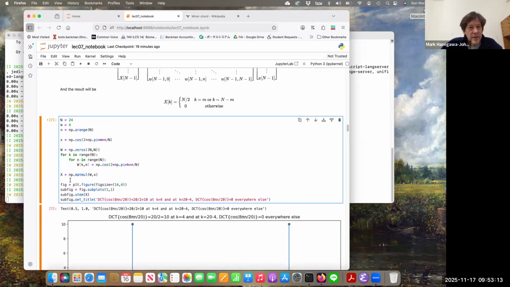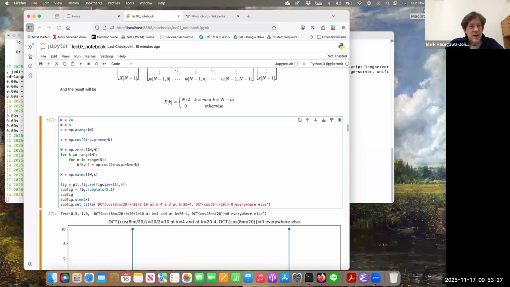Let me create two subplots here. In subfig 0, I will do a stem plot of n versus x, and I'll add the title.